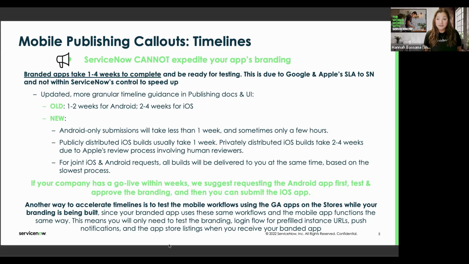So if you've already tested the internal workflows of the app while you're waiting for your branding to come back, once it does, you only need to test the branding, the login flow, should you decide to pre-fill your instance URL, push notifications, and any app store listings for public distribution. So that way you truncate the testing timeline and you're not waiting for the iOS app to be built. You can start using your Android app and ensure everything looks the way you'd like it to expedite your go live.